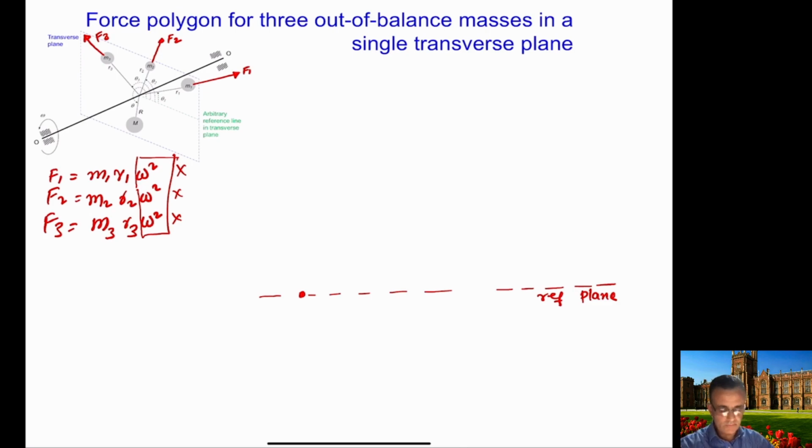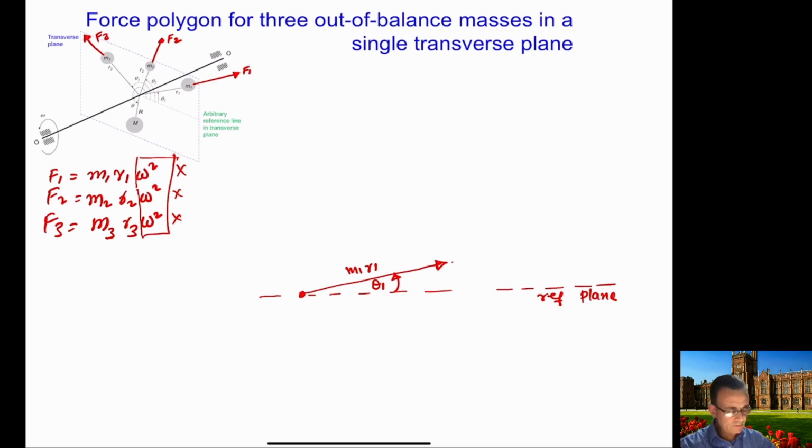So you know the angle theta 1, which is this angle here, and you know the direction, which is this direction here, and the magnitude is m1 r1. So for example, if this is m1 r1, and the angle here is theta 1, then the second force that you can draw is this f2 here, and the angle that f2 is making with the horizontal is theta 2.